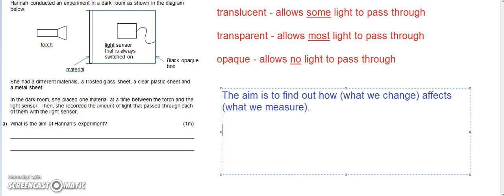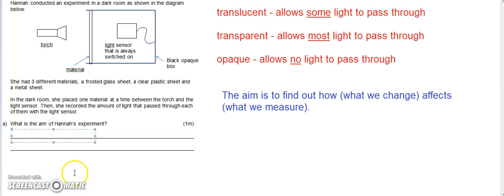So if you look at this, what do we change? Okay, so the aim of the experiment is to find out, what is it that we change in this experiment? We change the material, right?